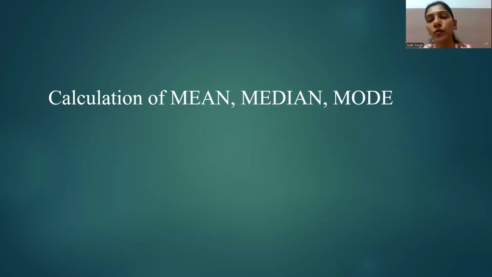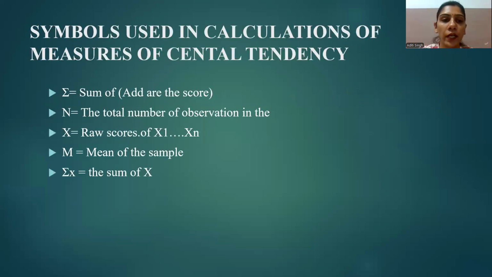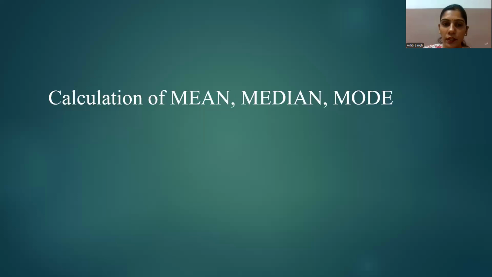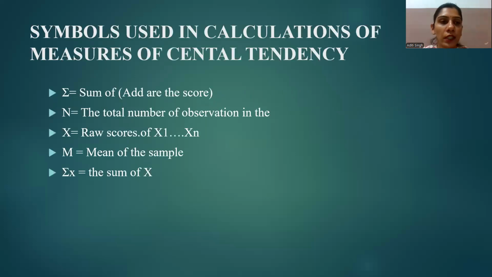Now let's come to the concept of mean, median and mode. As you can see on the screen, we will discuss in detail the mean, median and mode and their formulas, and we will start with the numerical solutions. These are some common terms which you will find in formulas.